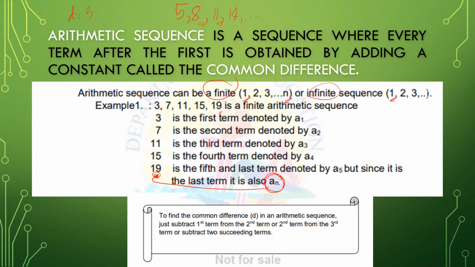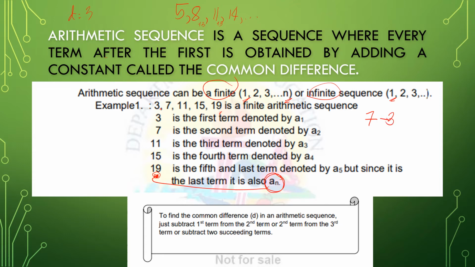Now, to find the common difference in an arithmetic sequence, just subtract the first term from the second term, or the second term from the third term, or subtract two succeeding terms. So, in this example, say for example, we have 7. The term before 7 is 3.